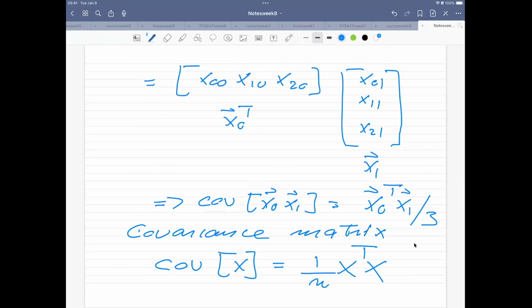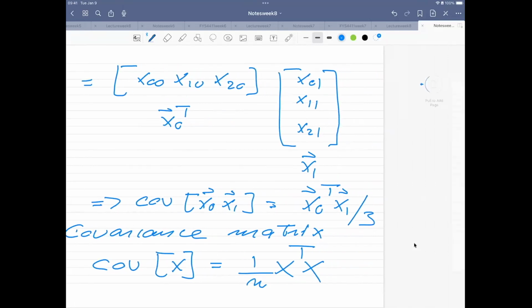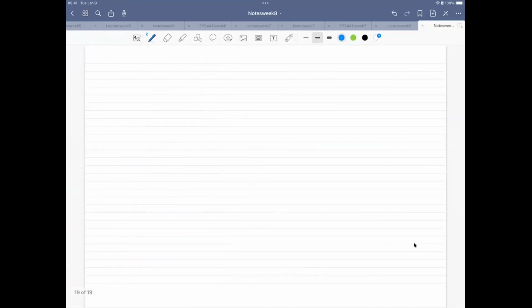But the covariance, let me bring in some further elements of statistics. If you look at this quantity here for just the two vectors, so the example which we have now with x0 and x1 as the only two vectors which define the covariance matrix. So in that specific case, the covariance matrix is given by 1 over n.